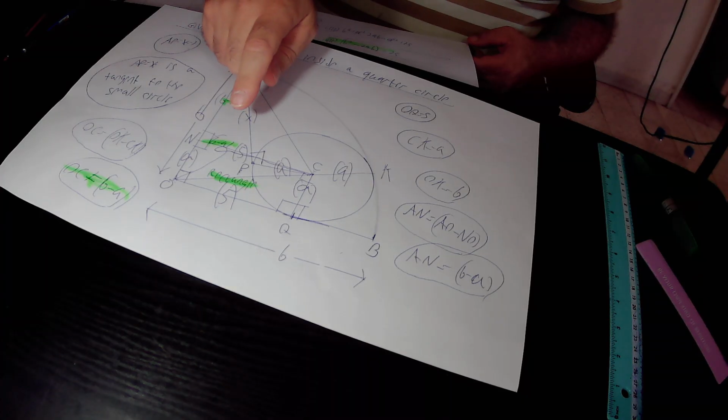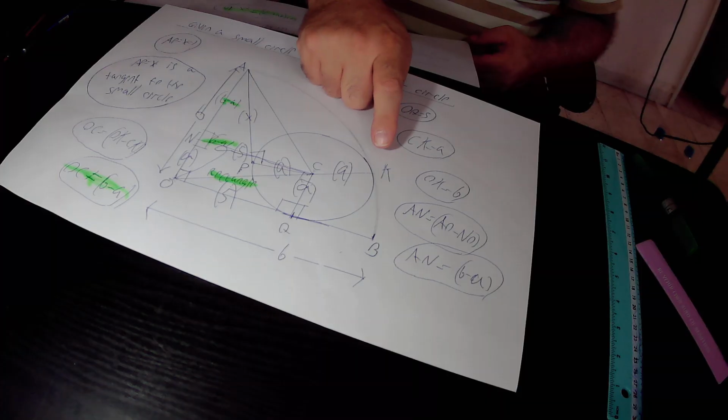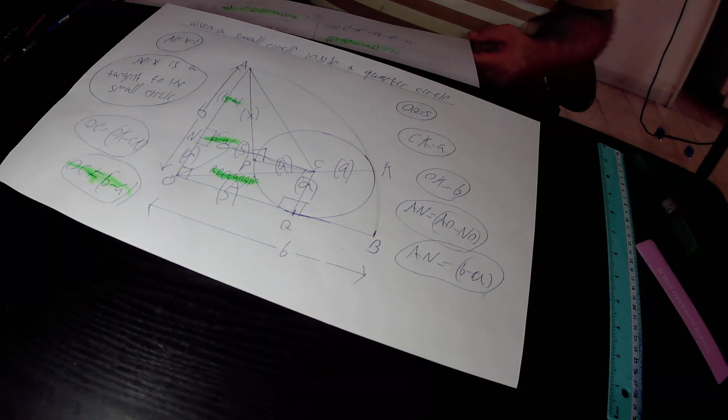According to rule 9, the straight line OC must pass through the tangent point K, so OCK is one straight line.